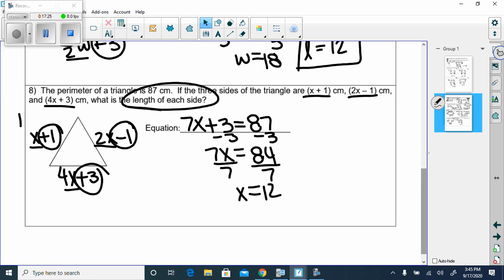So here would be 12 plus 1. Here I would have 2 times 12 minus 1. And down here I would have 4 times 12 plus 3. 4 times 12 is 48.